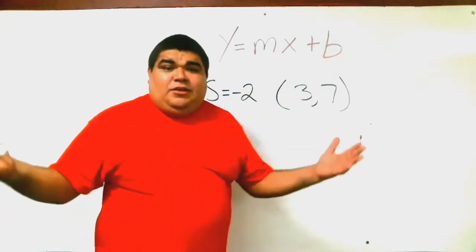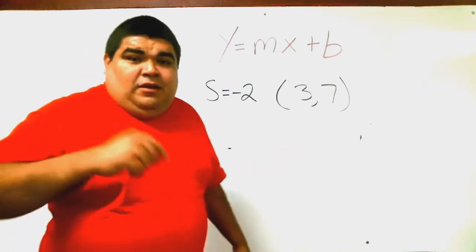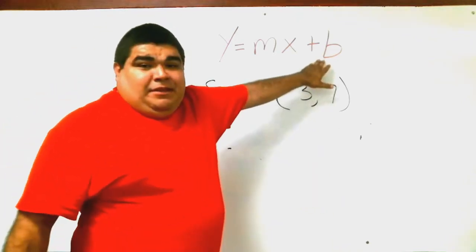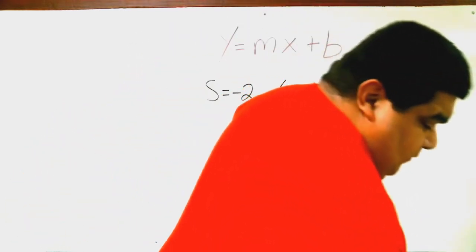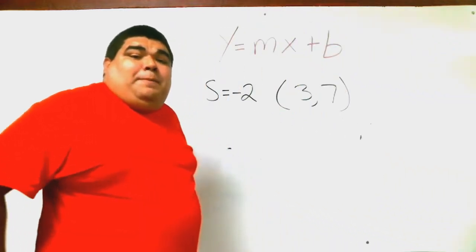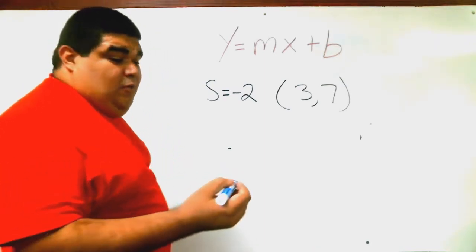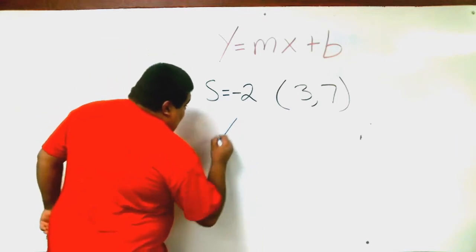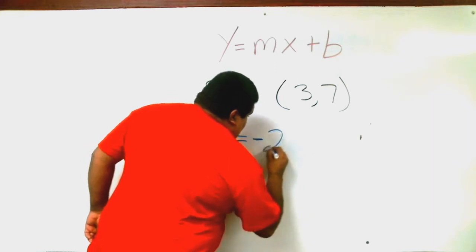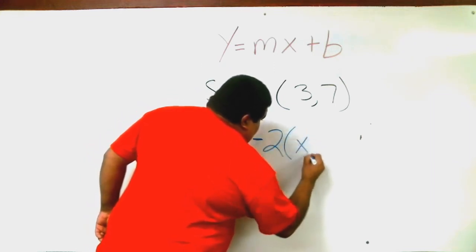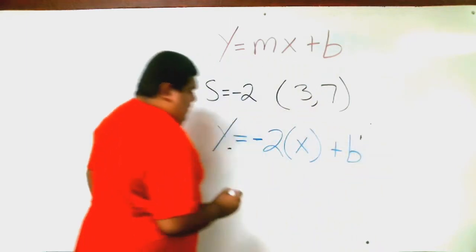We still have to find that b, because we're creating an equation today. We start by plugging the slope into the equation. We have y equals -2(x) plus b.